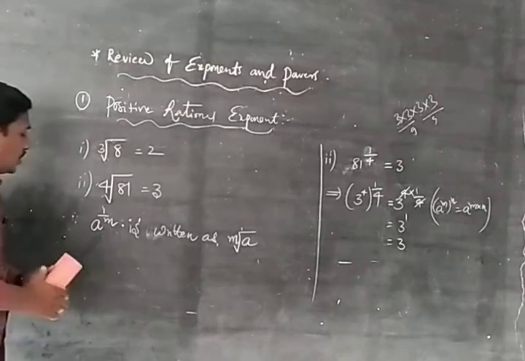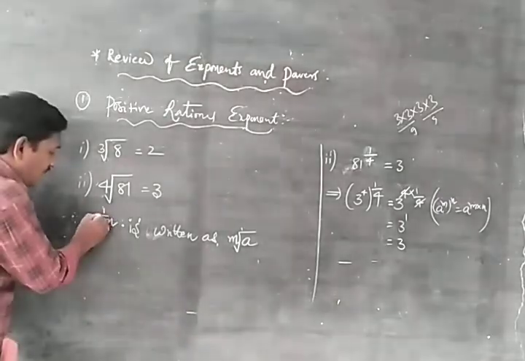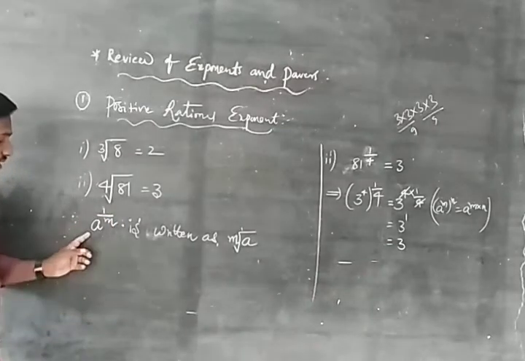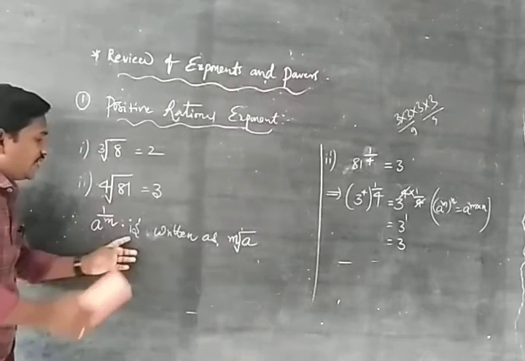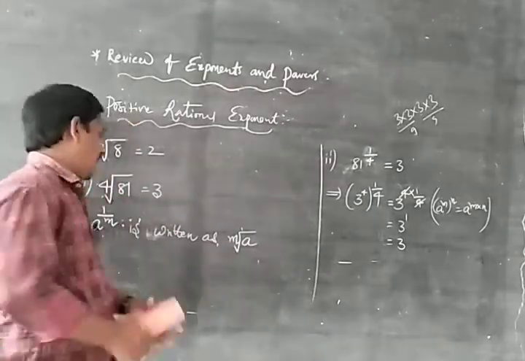Here, a power 1 by m is written as the mth root of a.